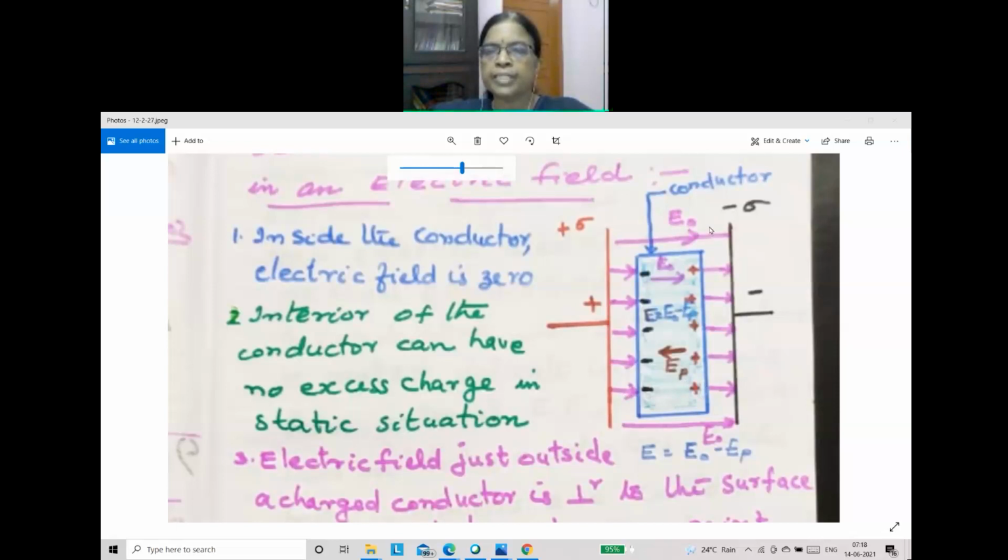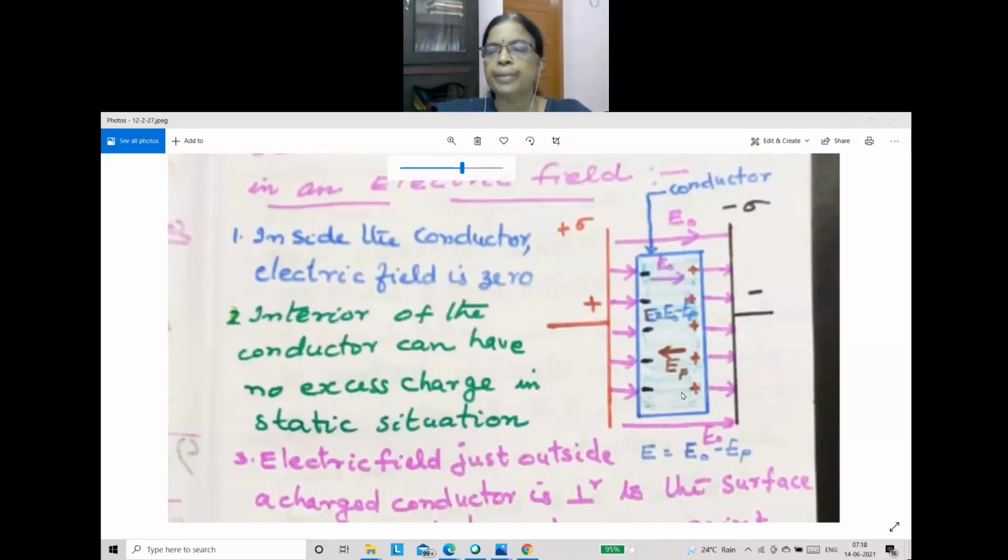So the external electric field, we denote it by E0. The external electric field is towards right, but inside the conductor, what is the direction? Left or right, children? Inside, towards left. This is positive, this is negative.